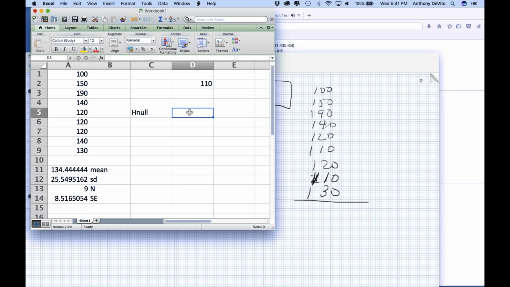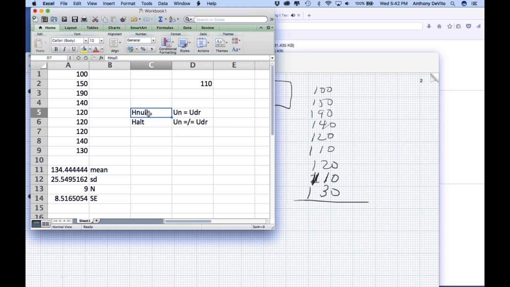In this case, the equality that we're looking at is that the mean for nurses is equal to the mean for doctors, right? And our alternative hypothesis is that they're not equal. Okay, so that's really what I'm looking at here.